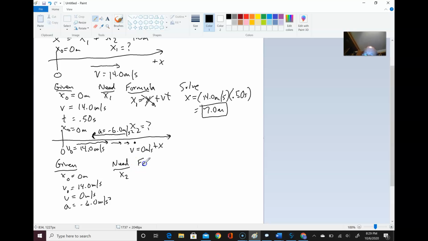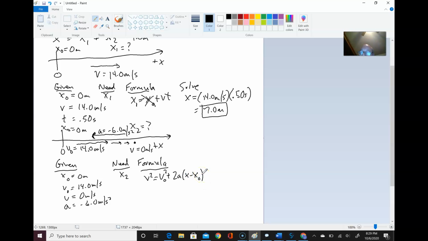Okay? And just by me saying that, already you should be somewhat conditioned to knowing that I have to use that last formula. To find this x, I have to use my last formula. V squared equals V0 squared plus 2a times x minus x0.